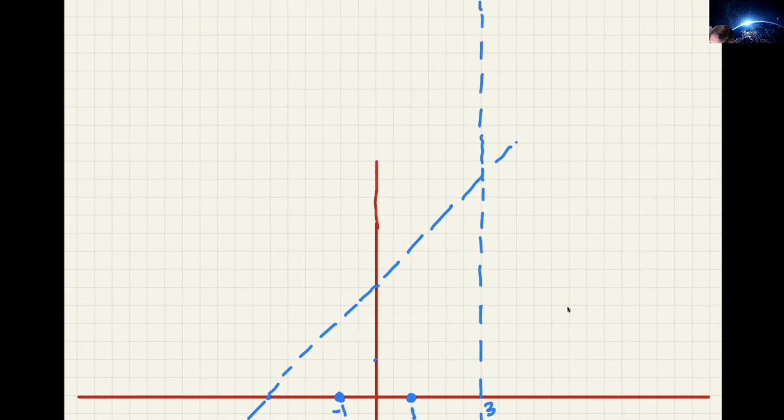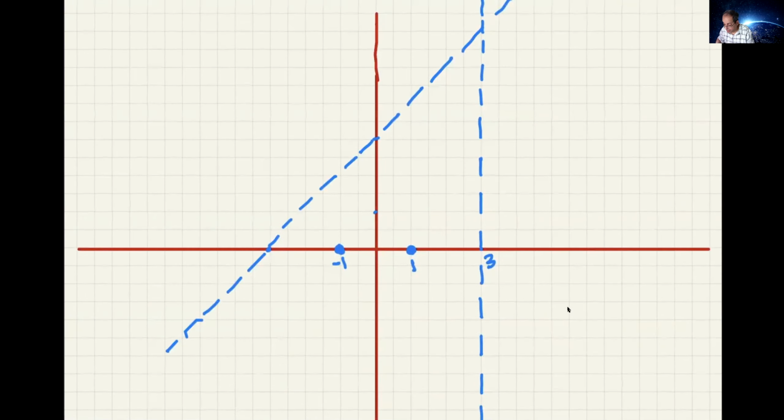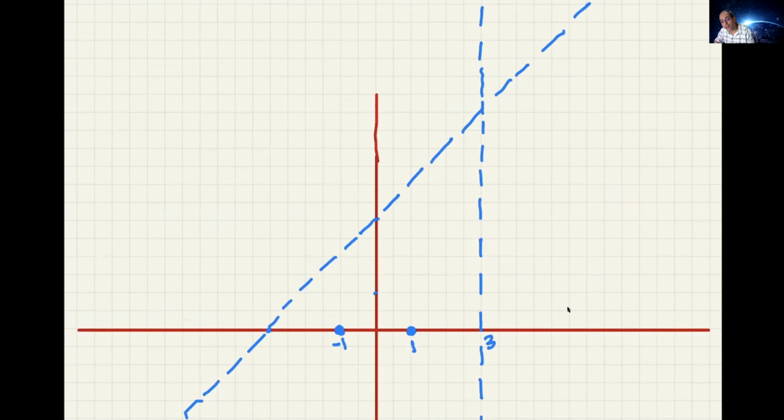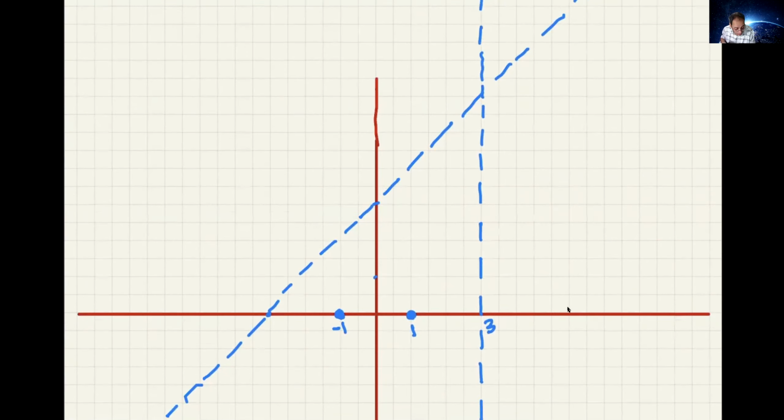Sometimes it's hard to set the dimensions. So the scale, sometimes it gets hard. So now I didn't graph the slant asymptote, so I ran out of dimension. Maybe I would do it better after that.